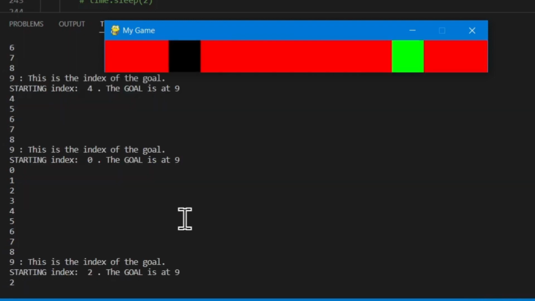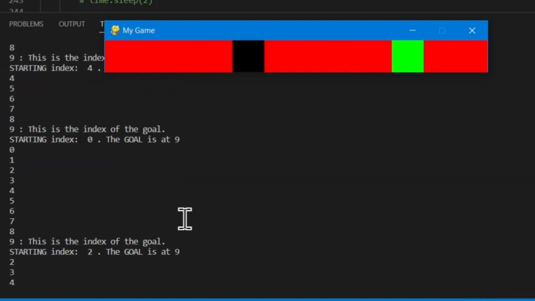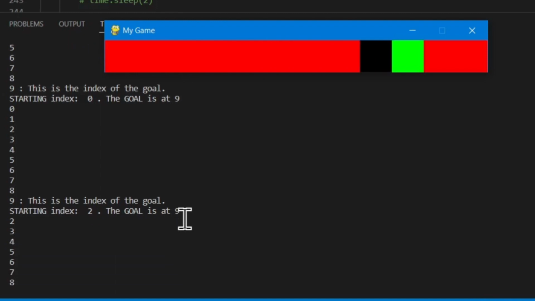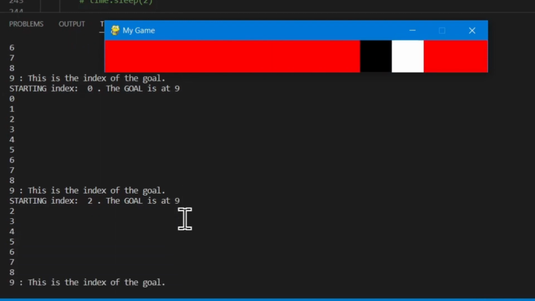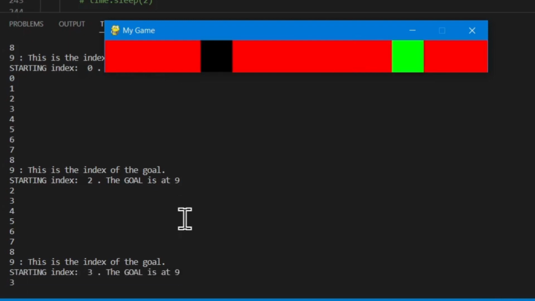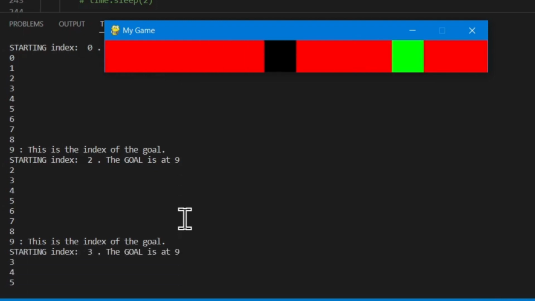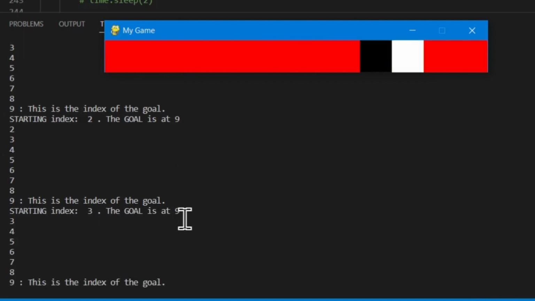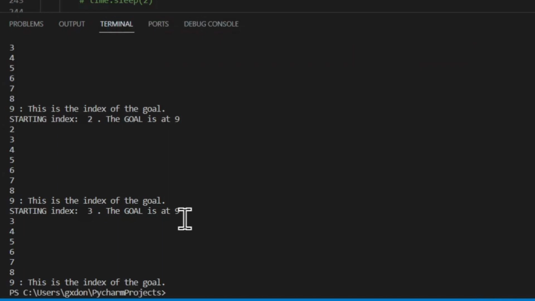Each time we tested four or five times, each time going to the goal straight away. Look, no mistakes.